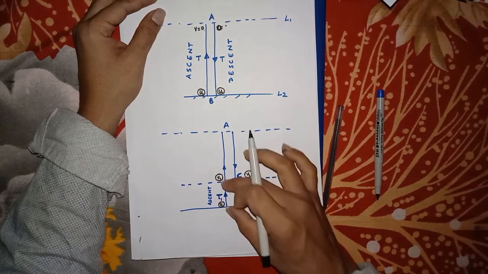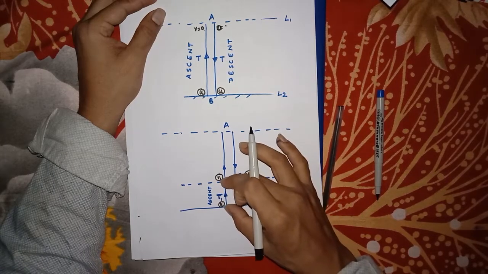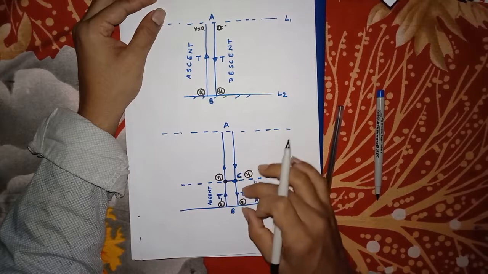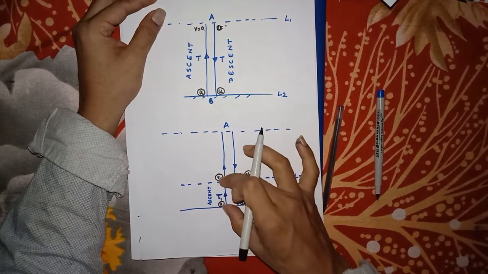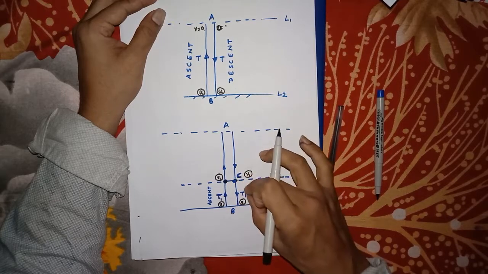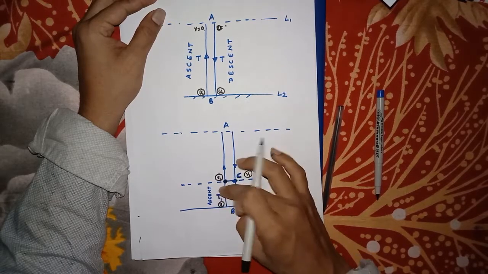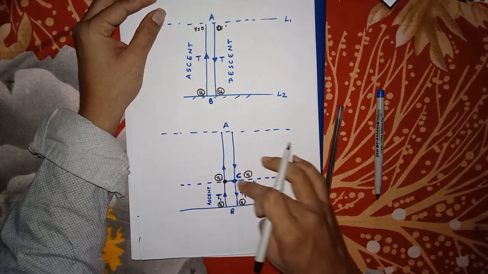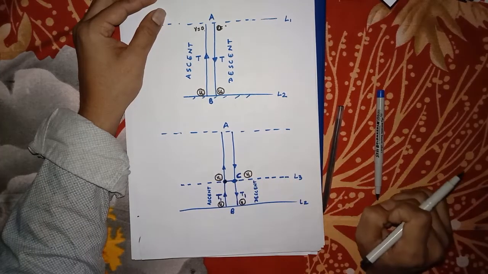And the time between two points, here I am taking from hand to C and from C to hand, the time taken is also the same. So time of ascent is equal to time of descent for a particular level or particular point during the motion.